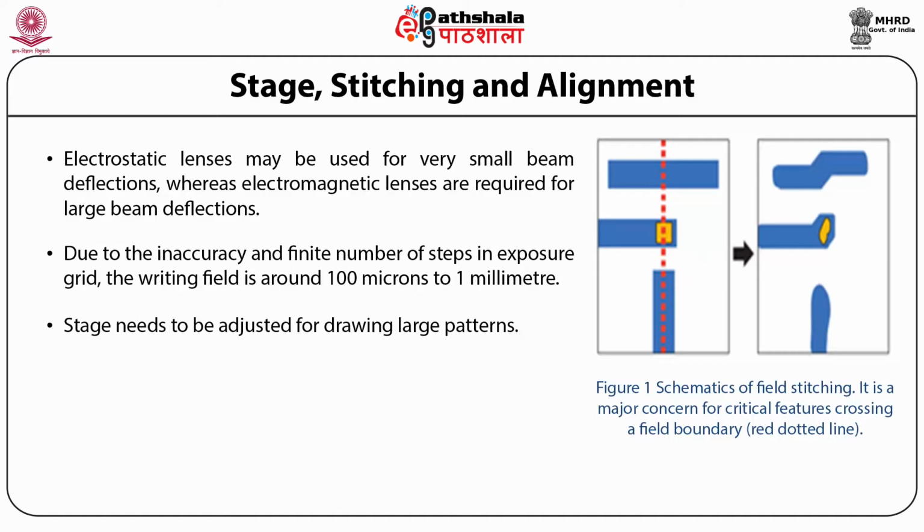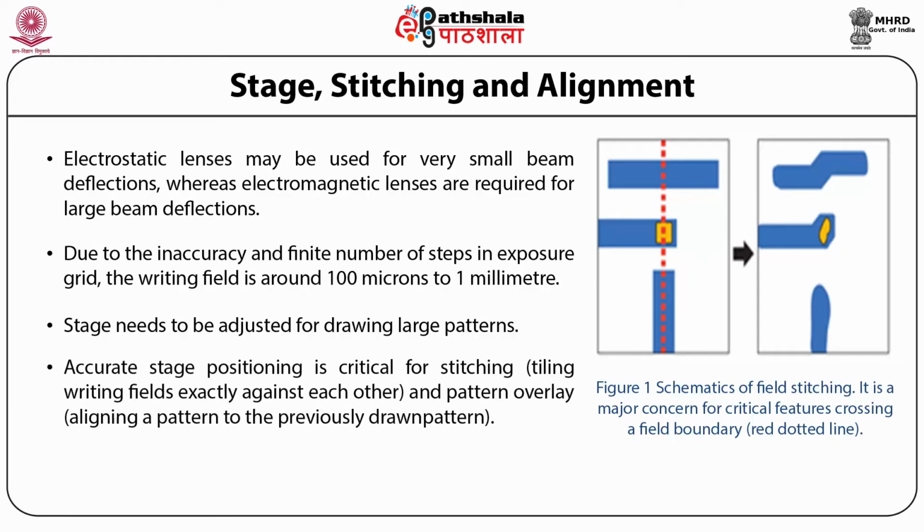The stage needs to be adjusted for drawing large patterns. Accurate stage positioning is critical for stitching, that is, tiling writing fields exactly against each other, and pattern overlay, which is aligning a pattern to the previously drawn pattern.